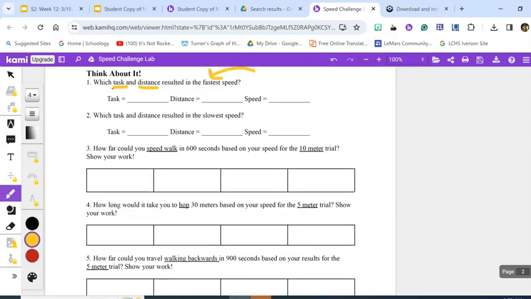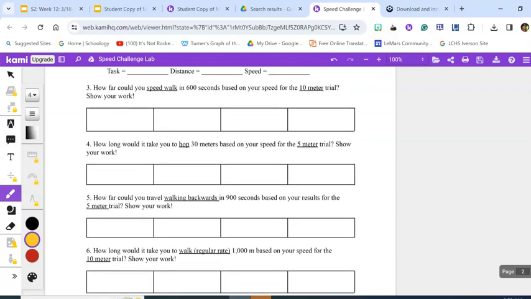Now, the only other thing that I want to walk you through is questions 3, 4, 5, and 6. Number 3 asks, how far? What are they asking for? Speed, distance, or time? Distance, right?